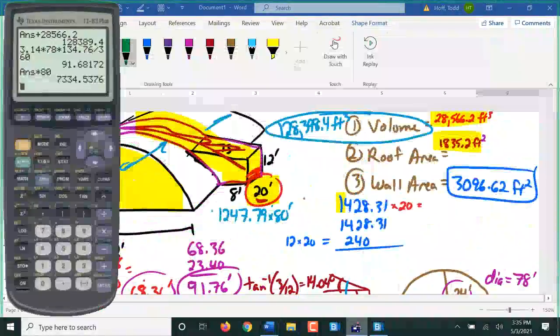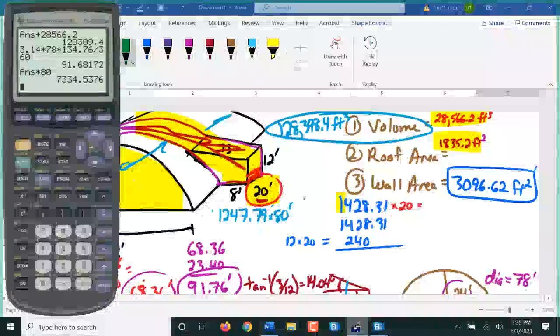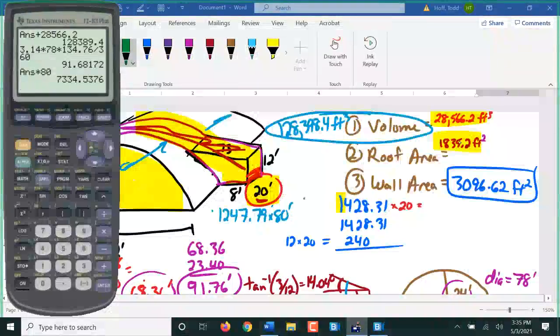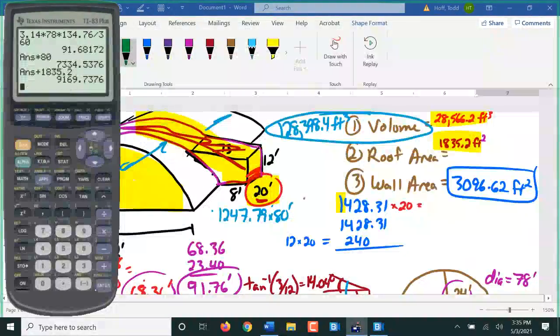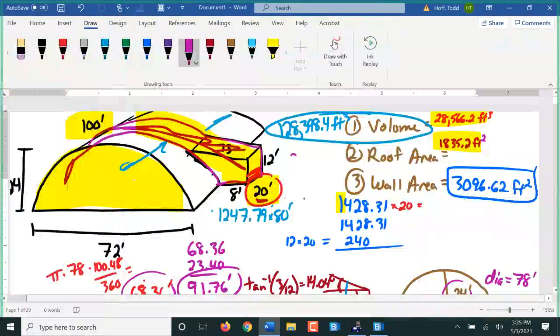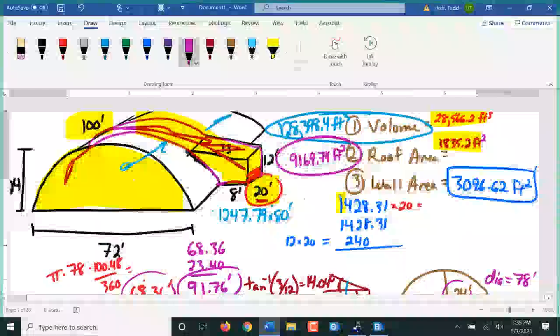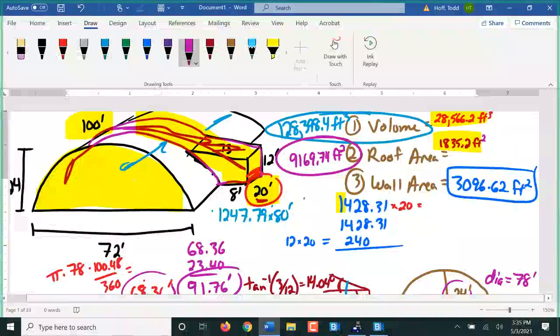To find our total roof area, we take that 7,334.54, and we're going to add the 1,835.2 we had from the other section. 9169.74. So we got volume, roof area, wall area, everything you could ever possibly want to know and more.